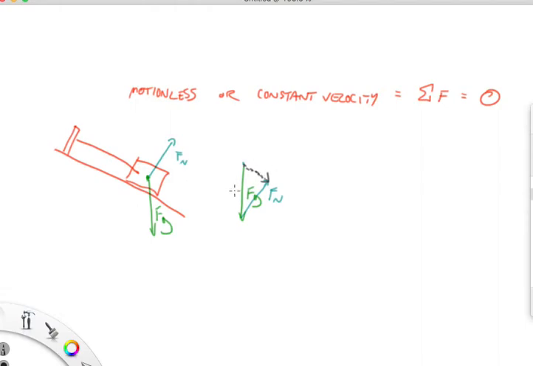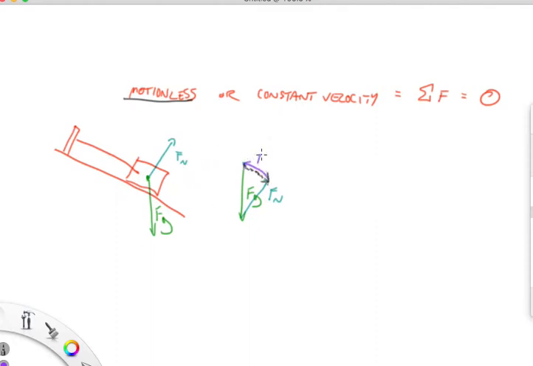So, what's the other force involved here to make sure that this object is motionless so that this will equal 0? Well, we have another vector. And this vector is due to that string. So let's use purple. So if this string now is pulling in this direction on this box, it would have to be the exact opposite direction of this resultant so that it would get back to 0.